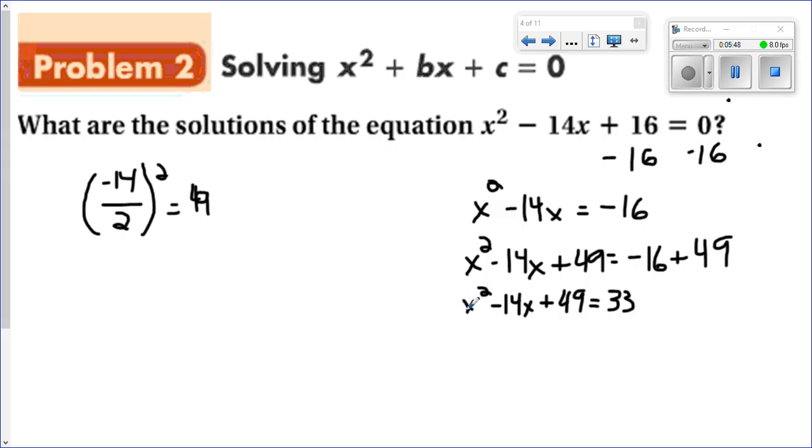In this case, a is x and b is 7. So we can write it as a, which is x, minus b, which is 7, squared, equals 33.